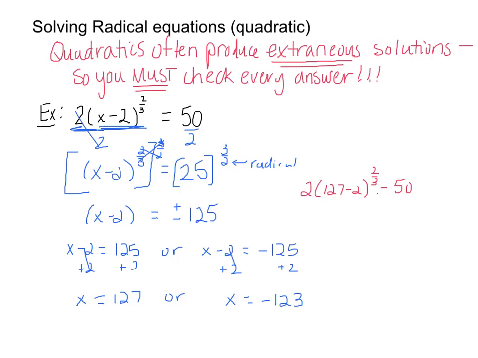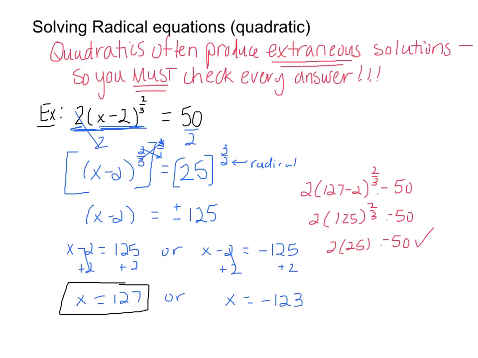Well, 127 minus 2 is 125, so we have 2 times 125 to the 2/3 power, and hopefully that equals 50. 125 to the 2/3 power is 25, and then 2 times 25 is, in fact, 50. So we know that 127 works, so that's one of our answers. Now let's check the other one.